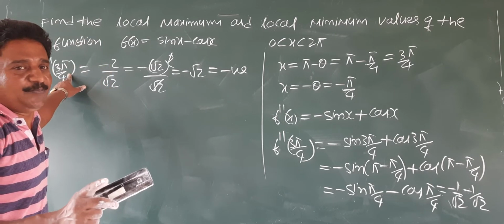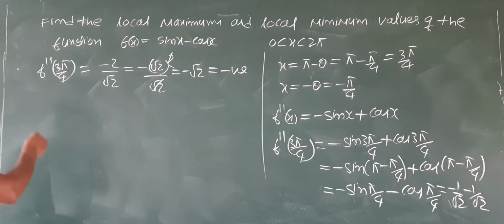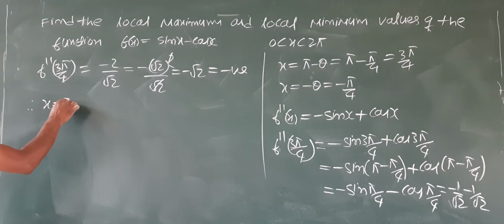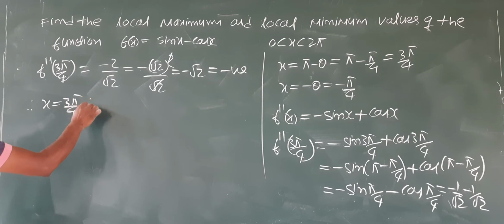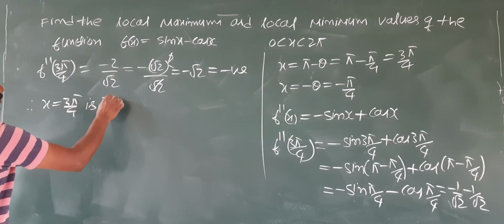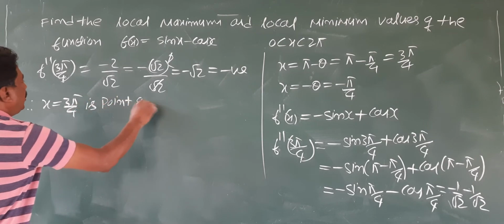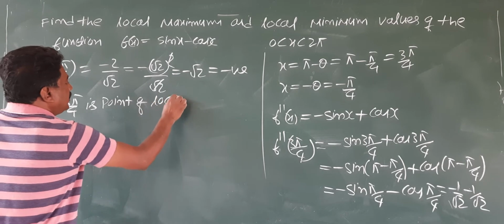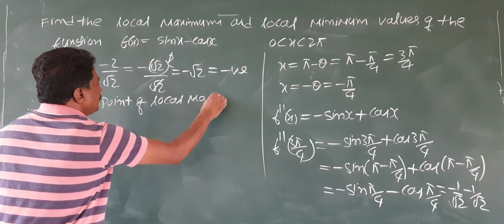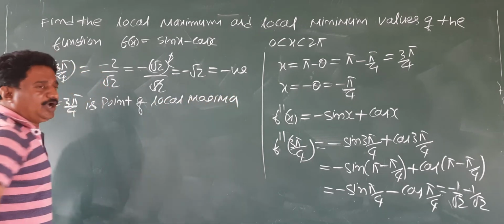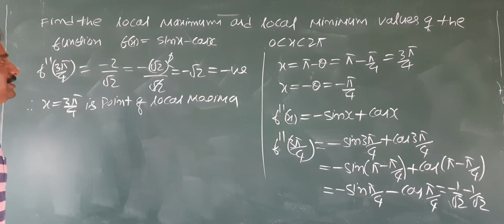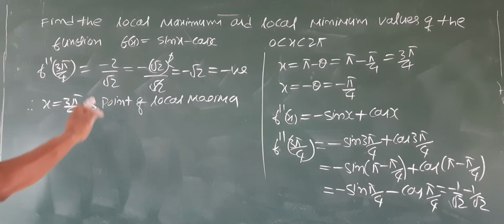Maximum point or minimum point? Maximum point. Therefore, x is equal to 3 pi by 4 is a point of local maxima.